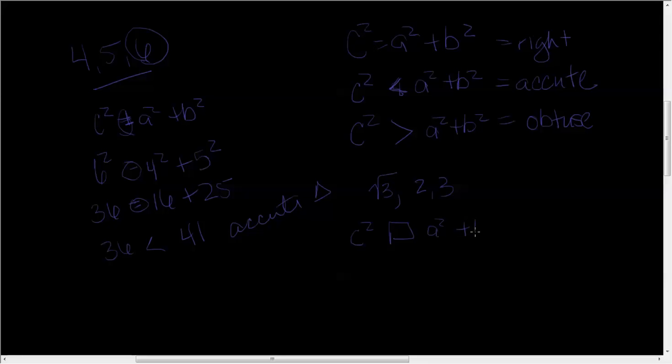We always plug our largest number in for c, so that's 3 squared. a squared plus b squared. 3 squared is 9. 2 squared is 4. Square root of 3 times square root of 3 is 3. So that is 7. So in this case, 9 is greater than a squared plus b squared, and this one is an obtuse triangle.